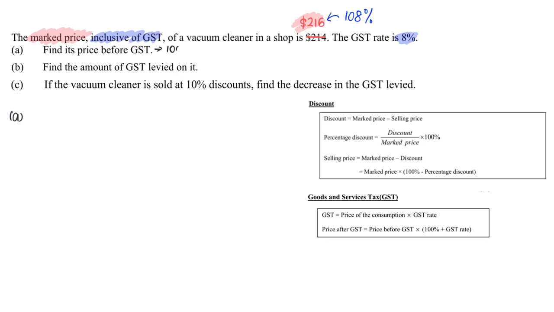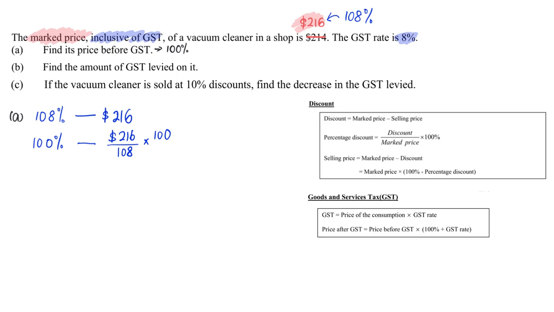Okay? So to solve for part A, find the price before GST, meaning we are required to find what is the price at 100%. So 108% represents 216. So how can I find my 100%? I would just divide by 108 to get 1%, followed by multiplying 100.